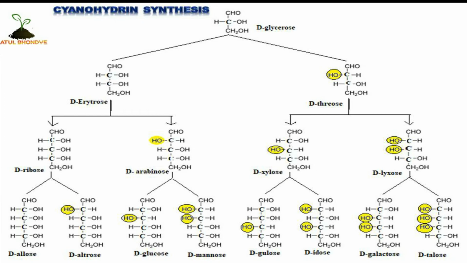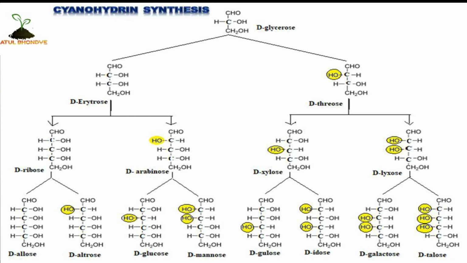Ribose is responsible for the synthesis of 6 carbon atom compounds. These are allose and altrose, and from arabinose, 2 compounds, glucose and mannose, are synthesized. These are 6 carbon atom compounds. From xylose, 2 six-carbon compounds are synthesized, named D-gulose and D-idose, and from lyxose, 2 six-carbon compounds are synthesized.